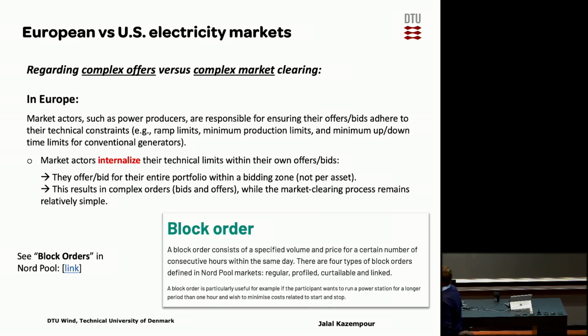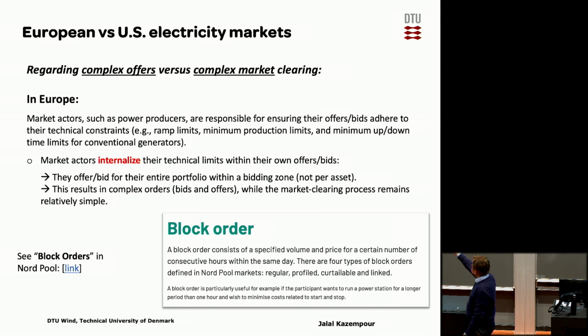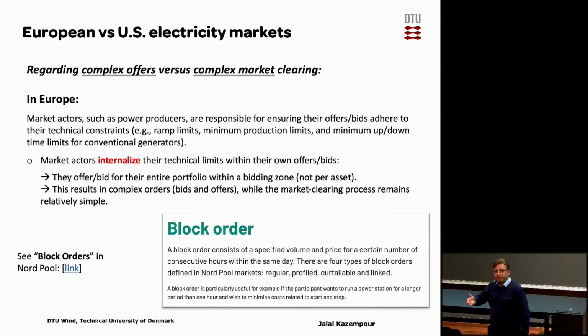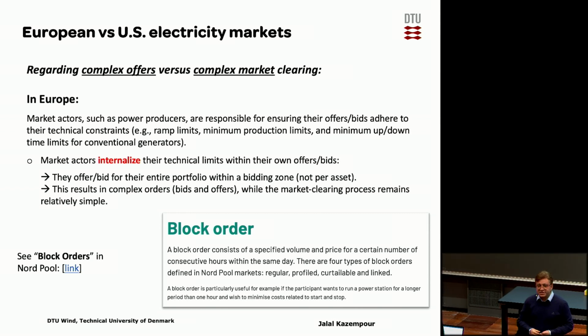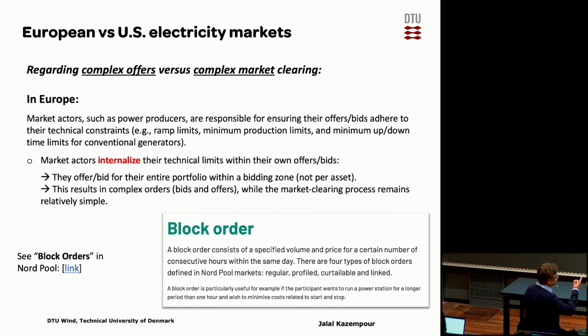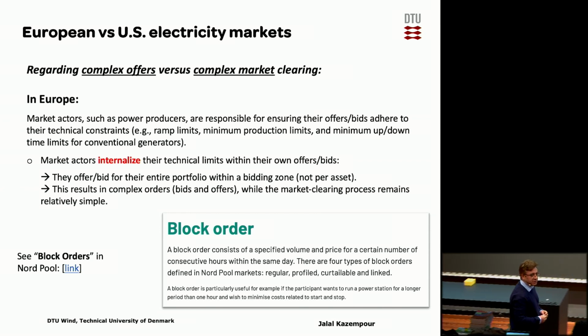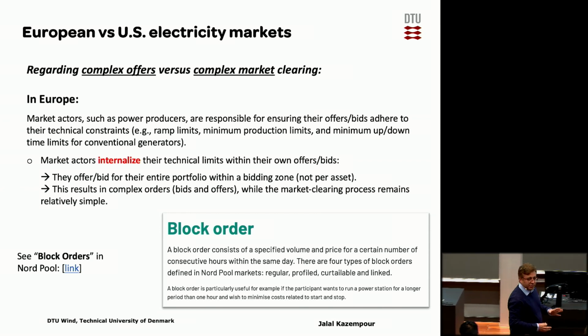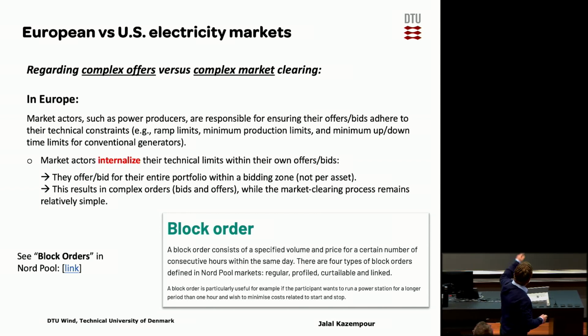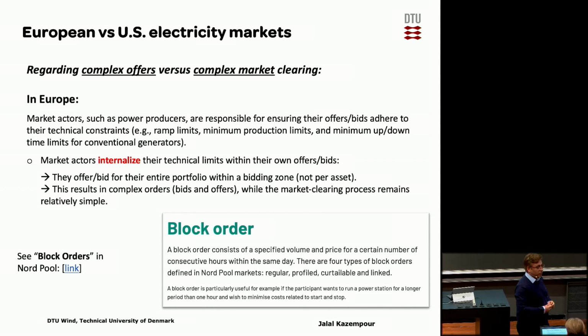So that's why in Nord Pool and in European markets, on top of hourly bids, there is an extra type of bid called block orders. I will not provide extra information, but you can go to the Nord Pool webpage and read.